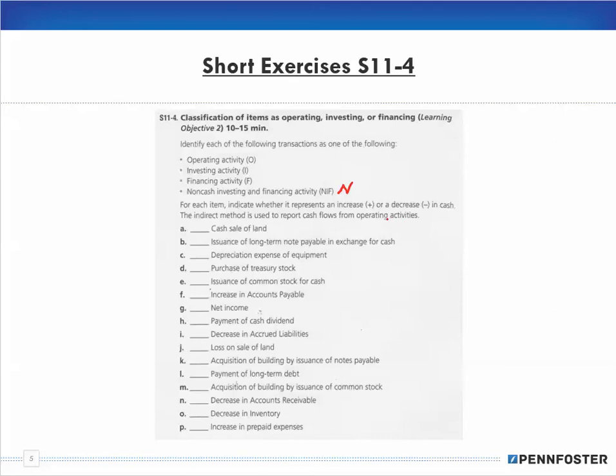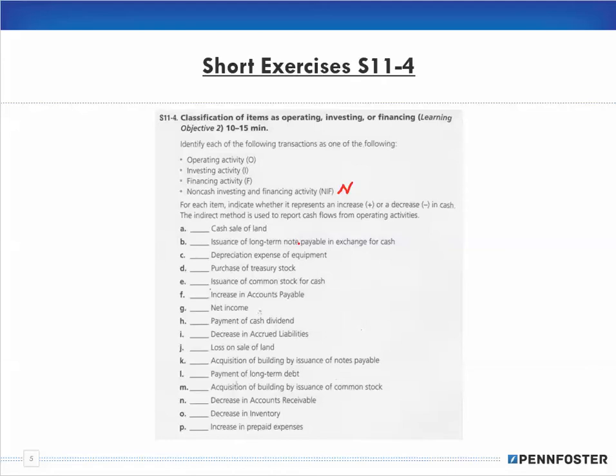Right, so this is if you were watching the theory videos, okay, you saw where I had said in the reporting aspect, I believe was the video, that gave a template for the indirect method and the direct method.